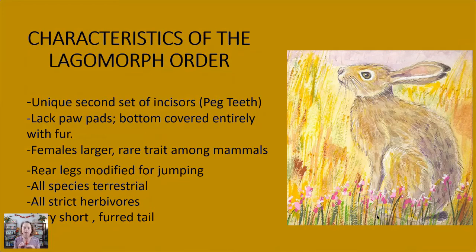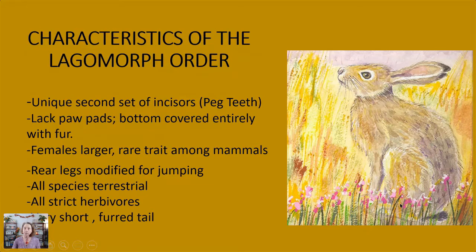Rabbits have paws that are completely furred. The females are larger than the males, which is kind of a rare trait among all the mammal families and orders. And of course, their rear legs are big. Their whole legs are elongated and very strong, modified for jumping.